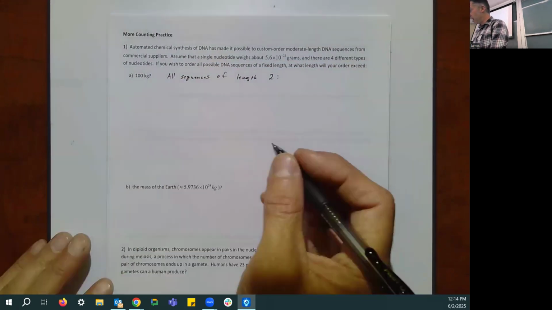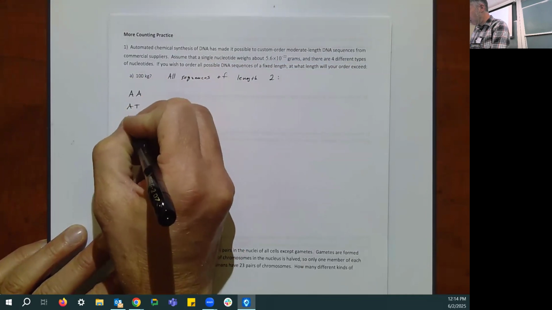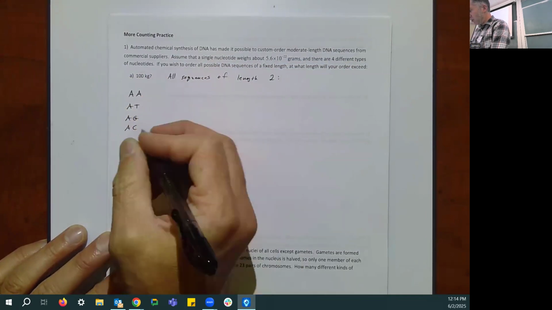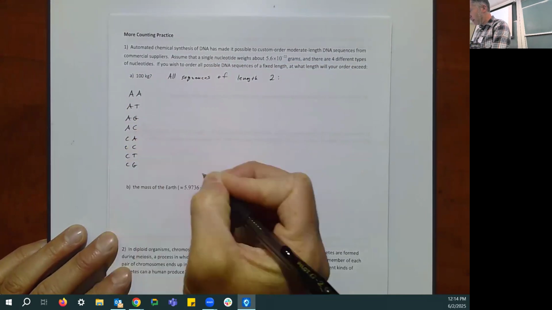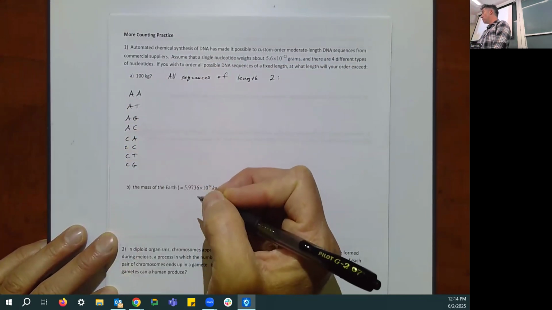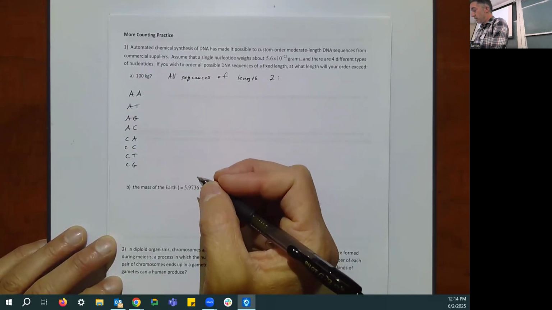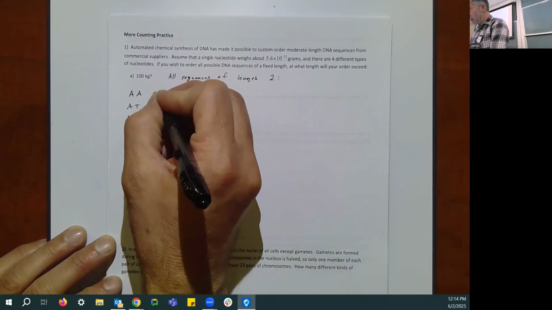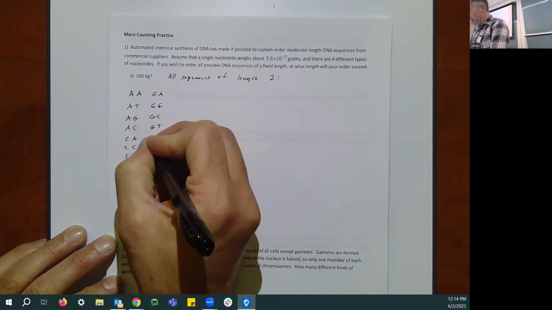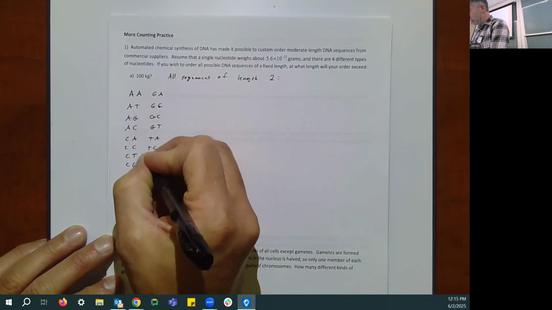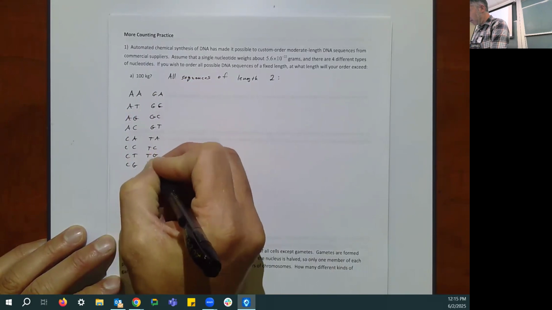Well, let's actually write them down. You could have A then A, or A then T, or A then G, or A then C, or CA, or CC, or CT, or CG, or four more that start with G, or four more that start with T: GA, GG, GC, GT, and TA, TC, TG, TT.